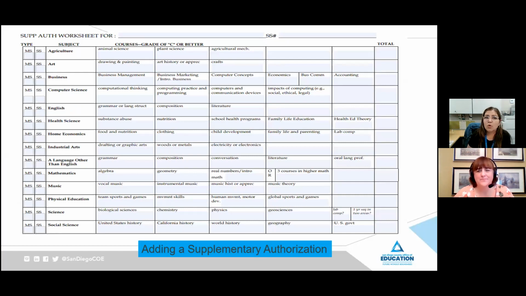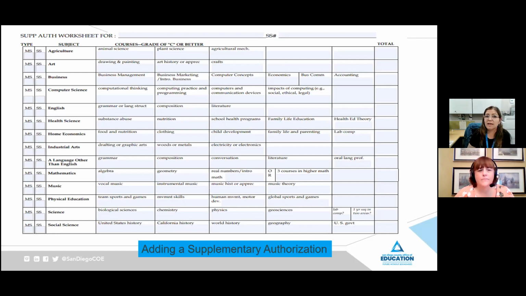So let's say you wanted to add a supplementary authorization in mathematics. You would need these specific units. So not just because you have 20 units all over the place are you going to qualify. Those 20 units have to be in the specific area.